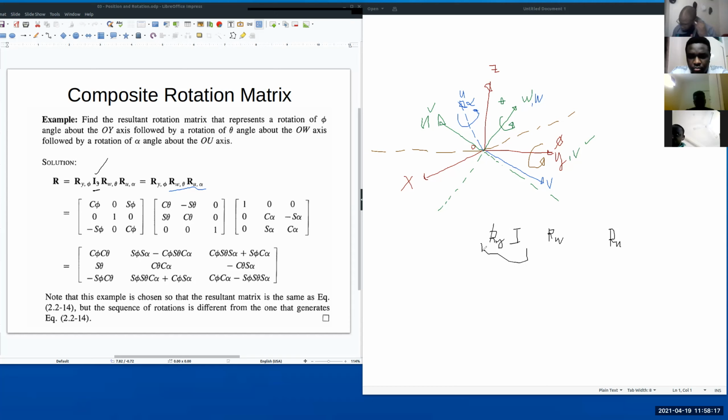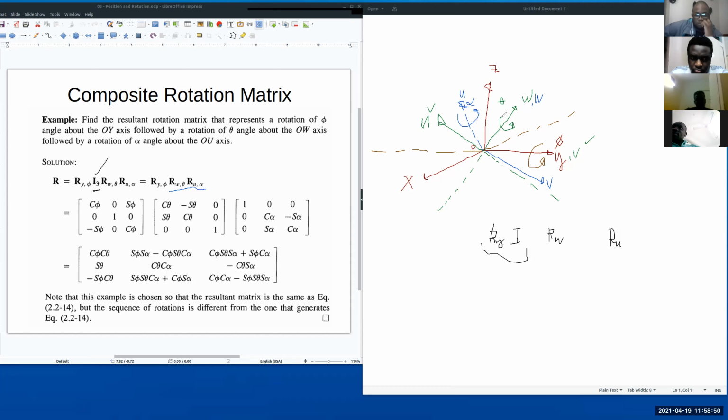But anyway, I will tell you later just some rule of thumb that will help you. But for now, let's accept that. Okay, that when you have the identity reference frame, and then you rotate with respect to that reference frame, we say it is stationary, and then it will be post-multiplied. I mean pre-multiplied. Then afterwards, we rotate into the rotated frames from the X, Y, and Z frame into the rotated frame.